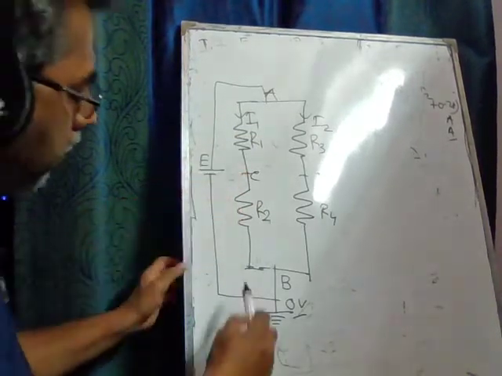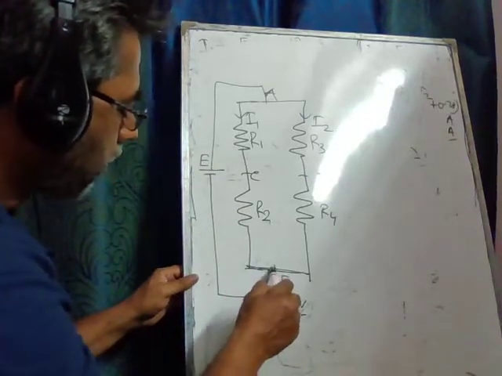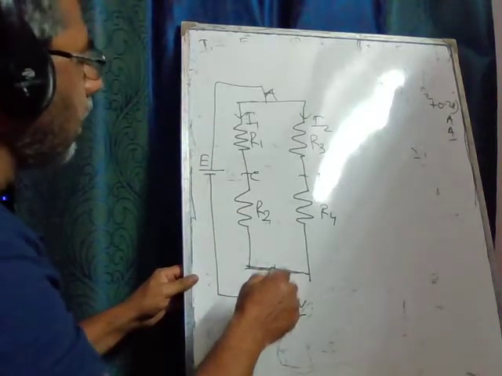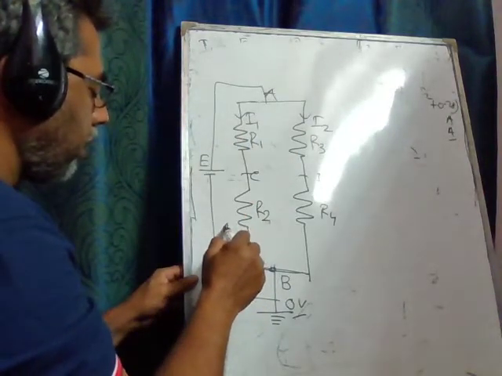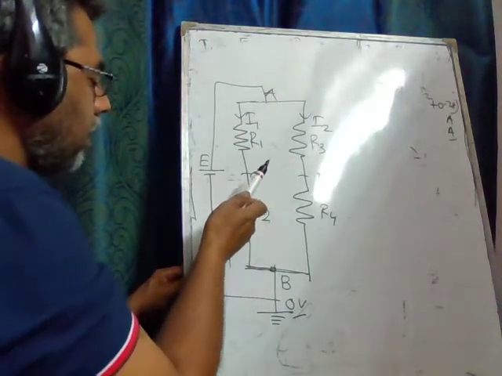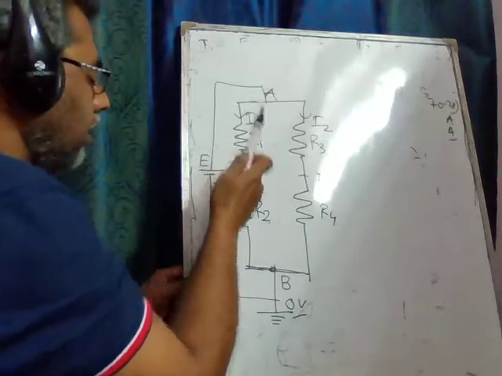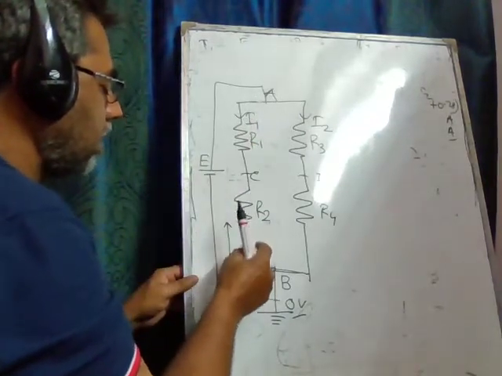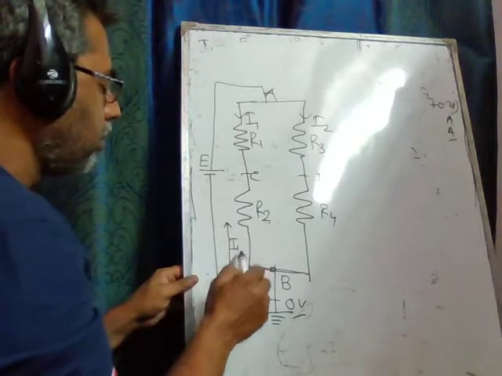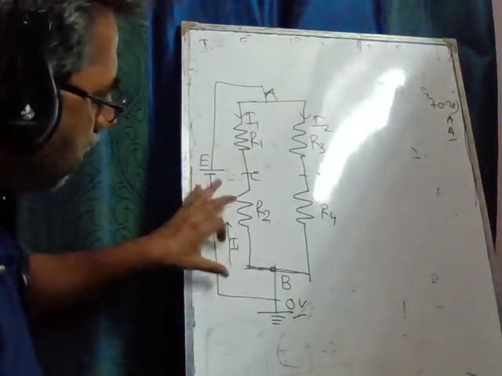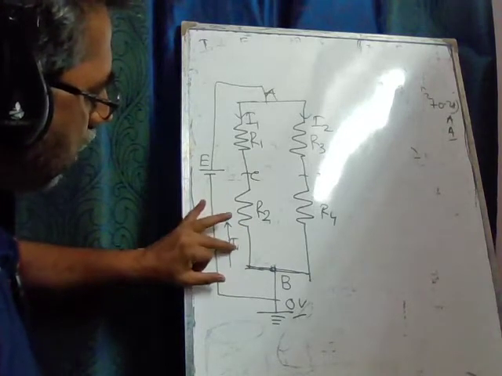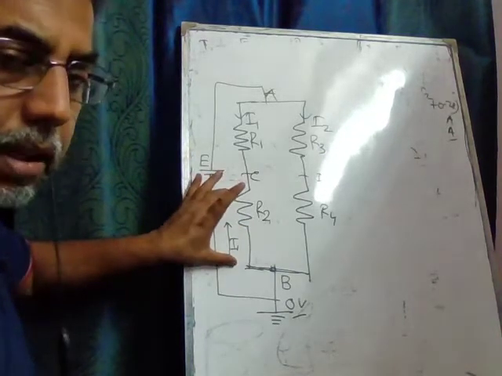The potential at this point is 0, and this point has a potential of E. So if you go upward, the resistance of the branch increases. As the resistance of the branch increases, the constant current I1 flows through this side. According to Ohm's law, the potential drop will be the product of the current times the resistance.